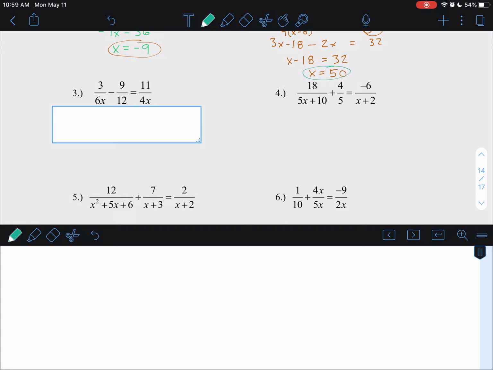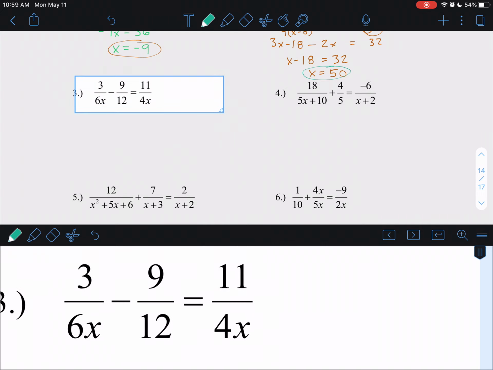Okay, so on this one, none of them already has the common denominator because I have 3 over 6x, and there's nothing I can multiply that by to get to 12, because I can't multiply it by anything to get rid of that x, and I can't multiply by anything to get it to 4x.